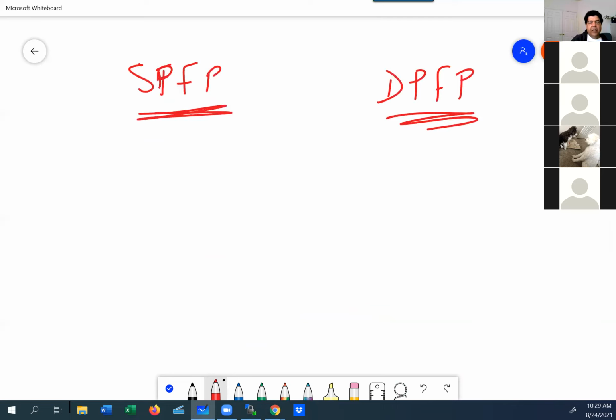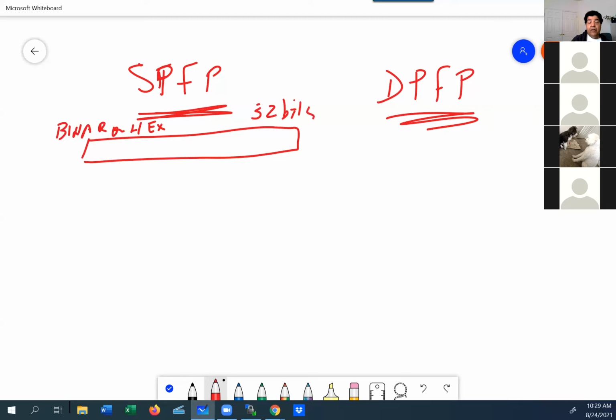You're going to get either a binary value or a hex value. In this case, it is 32 bits, or 8 hex digits, or 64 bits. Then you have to give the decimal value equivalent.